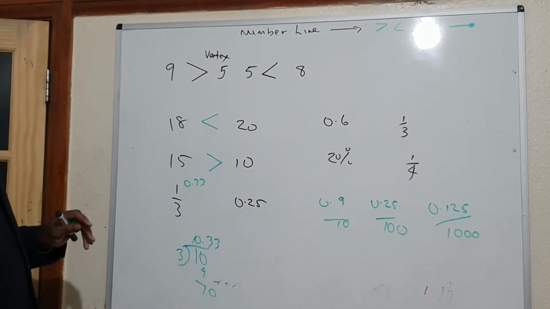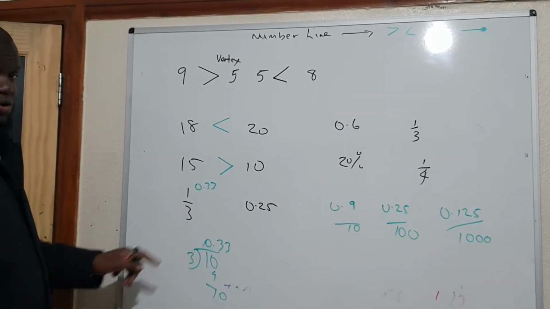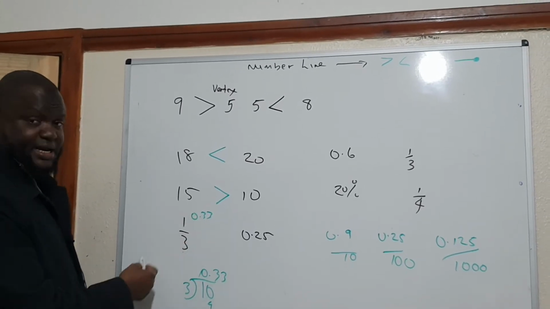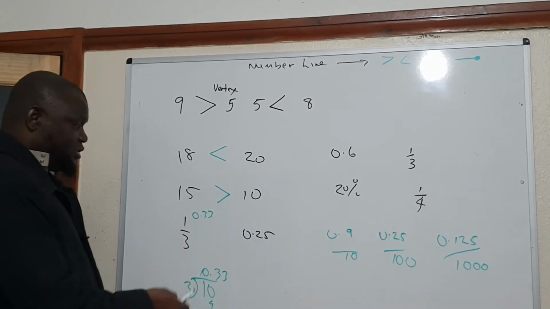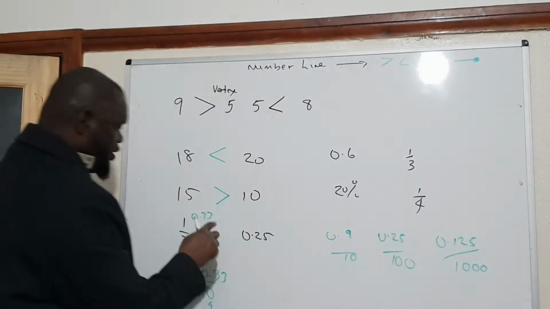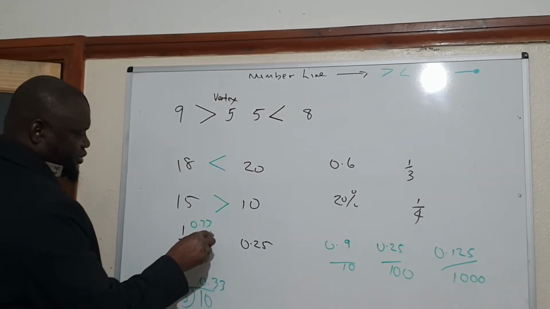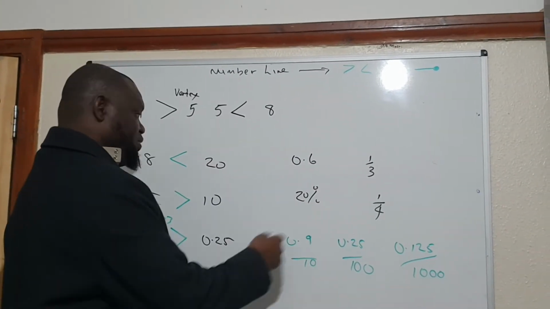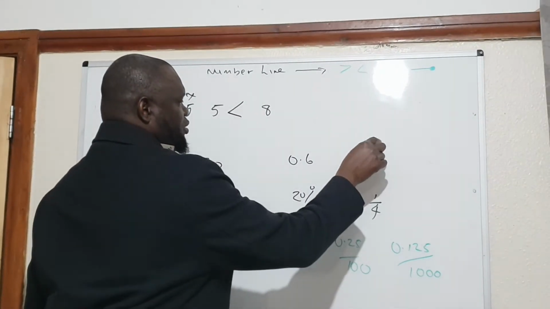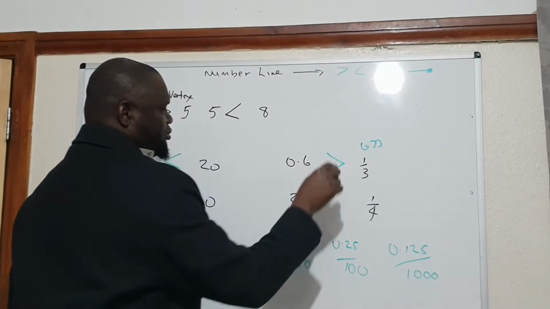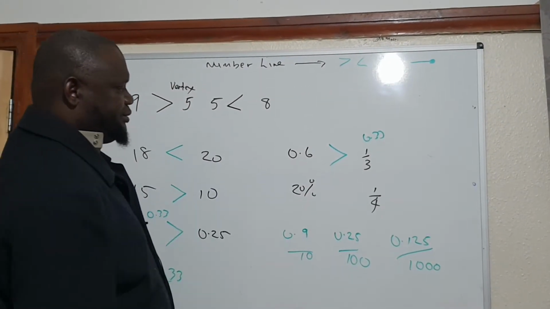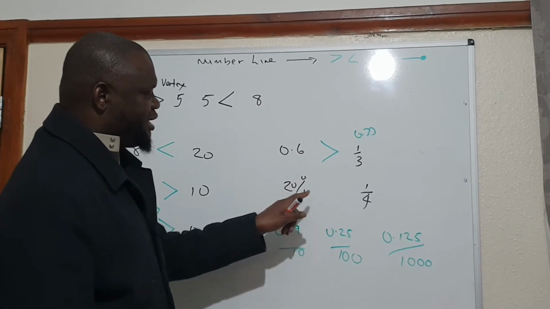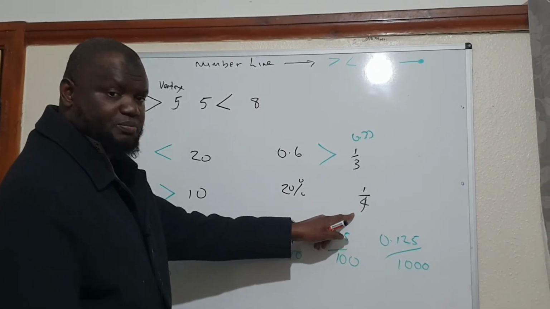Of course, when we are comparing decimals, we look at the first number after the decimal point. The bigger the number, the bigger the decimal. So this one, where do we point our line to? Towards that one. Now this one, we already have our 0.33. Where does it point to? That one. Now what about that one? 20%. Either we change it to a decimal or a fraction, or change into percentages.